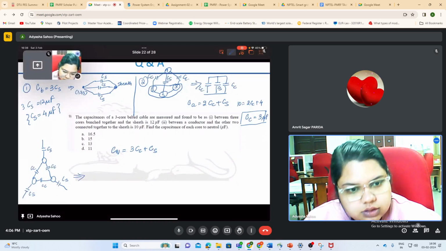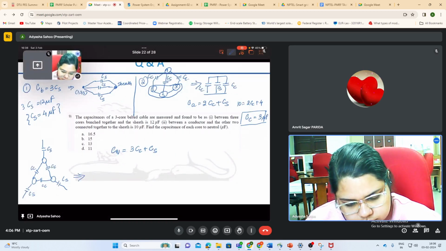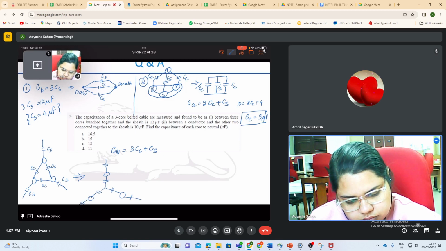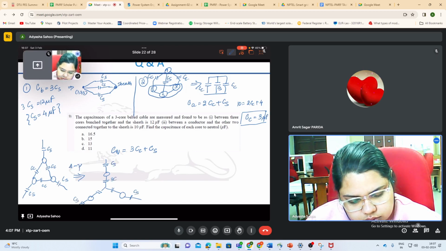We convert this delta to star. So Cc, Cc and Cc, and while converting delta to star, this comes as 3 times.